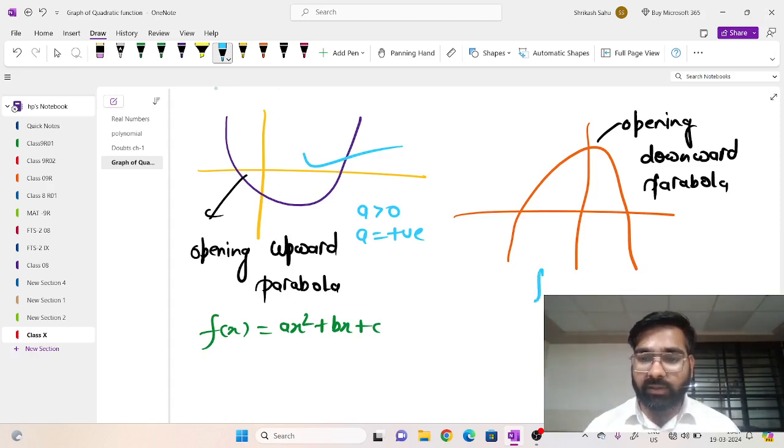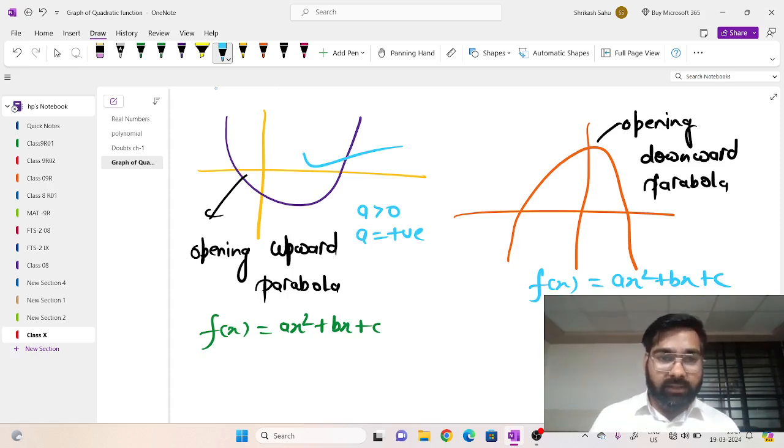But in the case of an opening downward parabola, the value of a, the coefficient of x², is less than 0 or negative. So in this case we get an opening downward parabola.